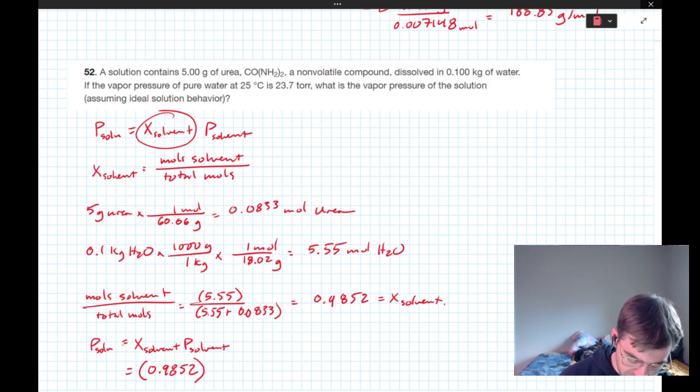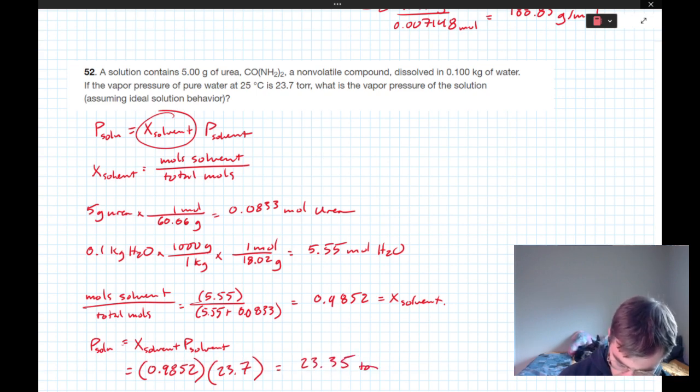The mole fraction we just calculated and the partial pressure of the solvent we were given was 23.7 torr, gives us 23.35 torr.